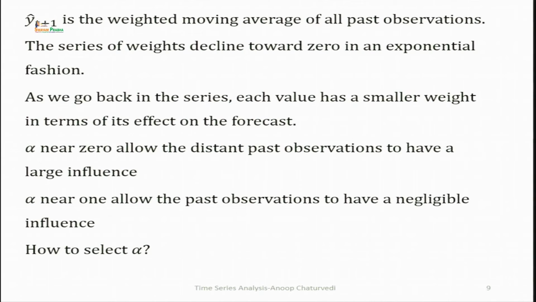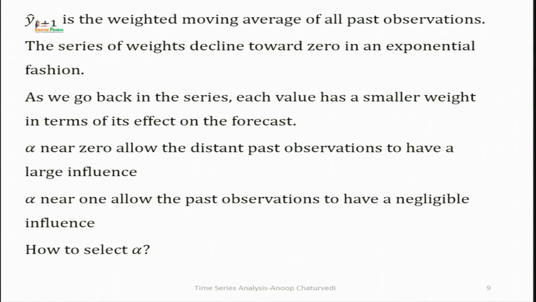So, the series of weights declines towards 0 in an exponential fashion. It is an exponentially decreasing series. Then as we go back in the series, each value has a smaller weight in terms of its effect on the forecast. So, more recent values are getting more weightage and past values are getting less weightage.